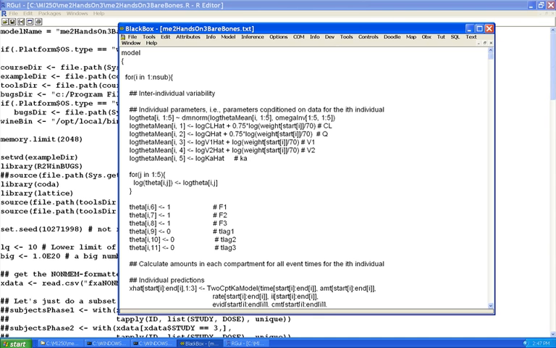What I've done is simply brought in body weight in here. So the basic notion here is I'm going to take the log, for instance, on clearance. I've got log of clearance hat, and I'm adding in the value of 0.75 times the log of the body weight divided by 70.